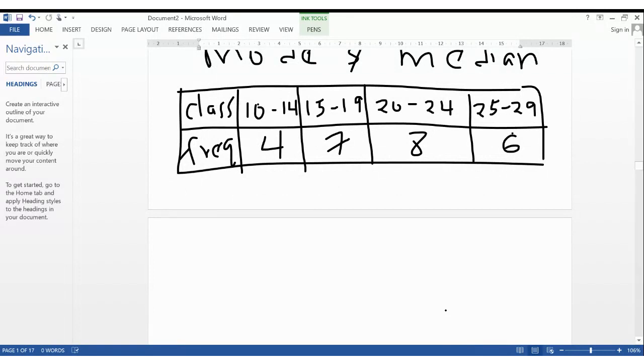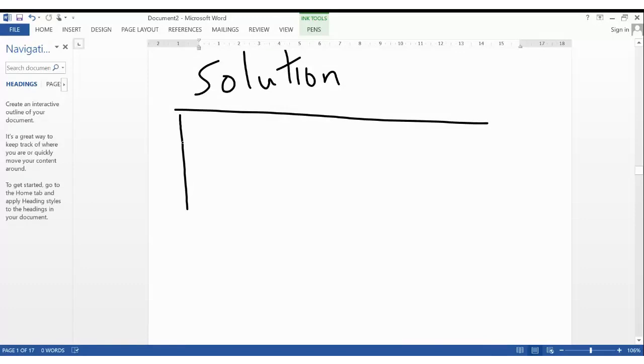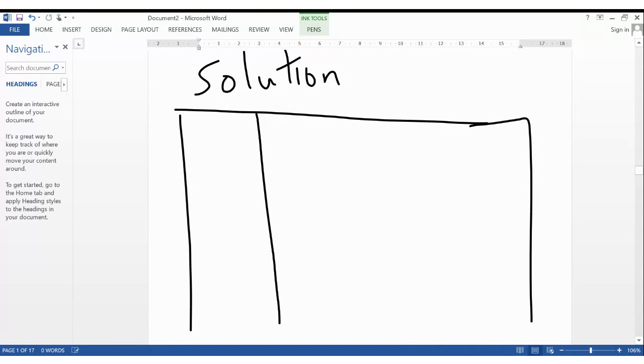Solution. You can just start with the mean because of space. So for the mean, I need the midpoint, and then I need the frequency and Fx.